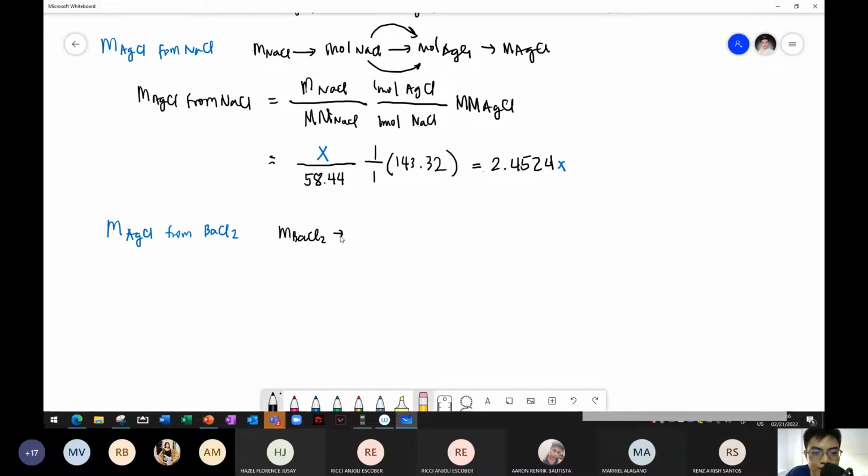Okay, so from the mass of barium chloride, which is unknown, okay, so kanina x yan, ngayon y. Gawin mo siyang mole ng barium chloride, and then establish their conversion using the Cl atom. Again, yung common atom yung gagamitin natin. And then eventually, you convert it into mass of AgCl.